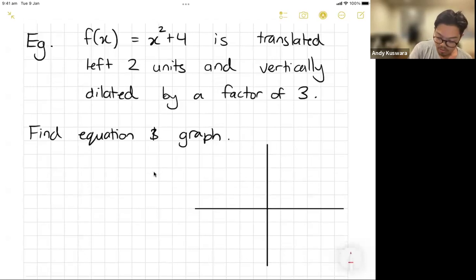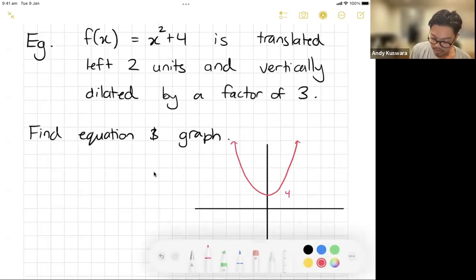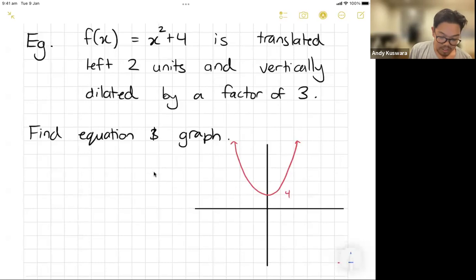Okay, so x squared plus 4 is a nice parabola that cuts at 4. Now, let's translate it 2 units to the left first. So that means now it becomes 2 units to the left. It now becomes this guy.